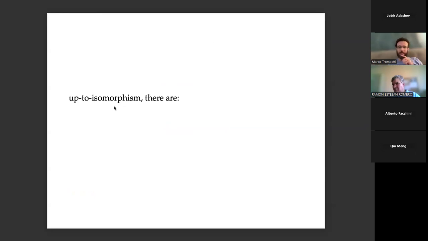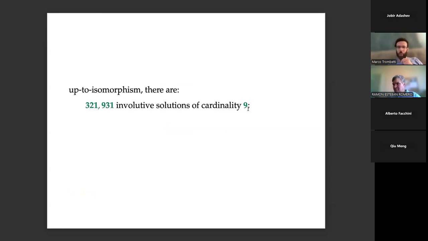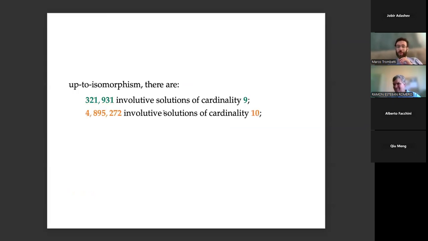The problem is that up to isomorphism, what you get, for example, is this number of involutive solutions of cardinality 9, which is still not very nice. Or maybe you get this other number, 4 million something, almost 5 million, involutive solutions of cardinality 10. This is still not nice.